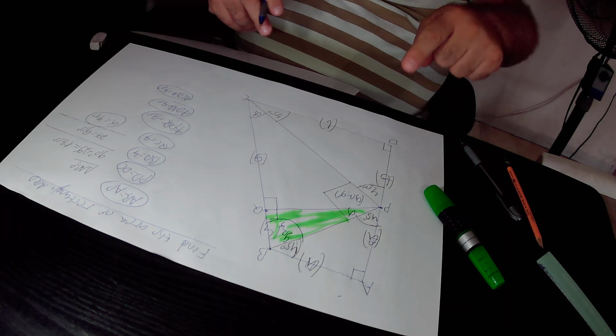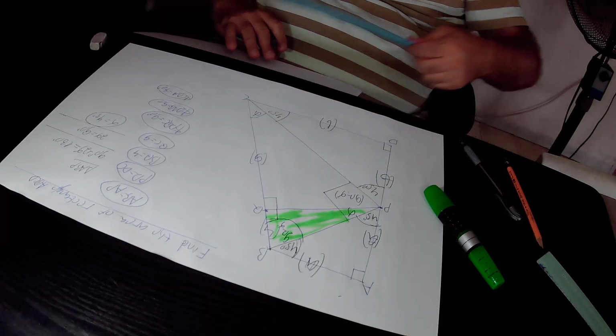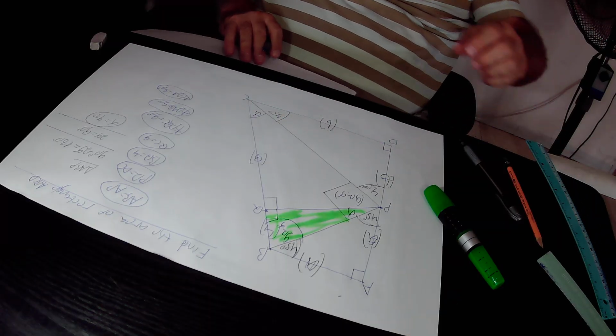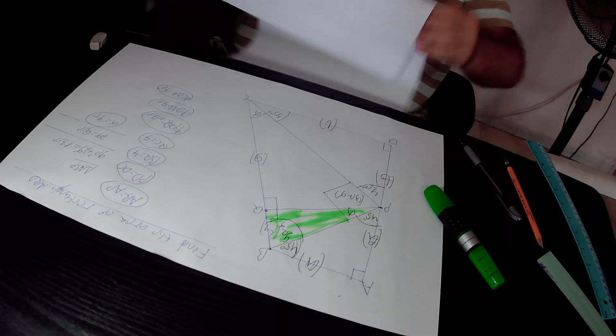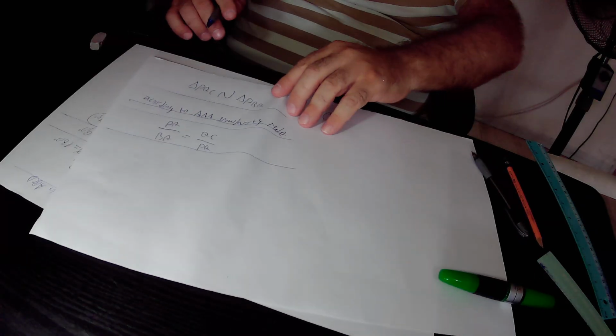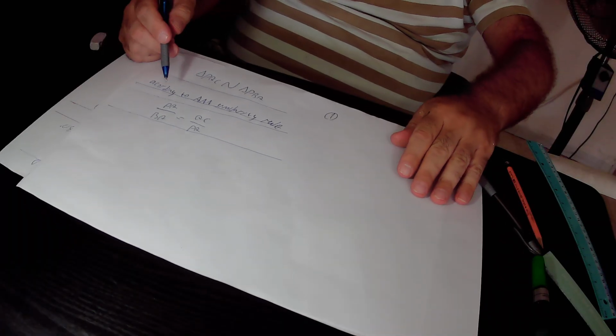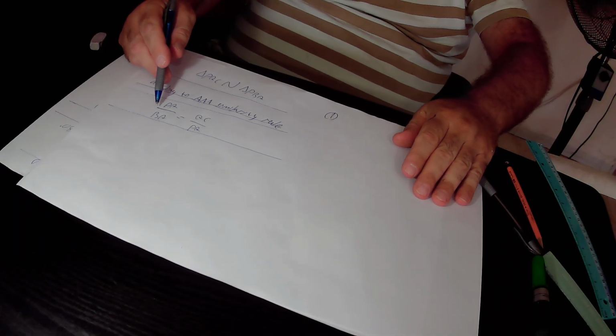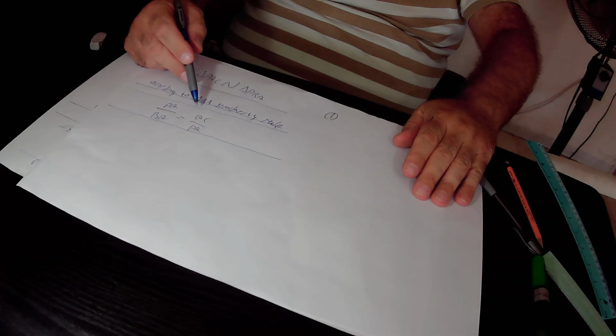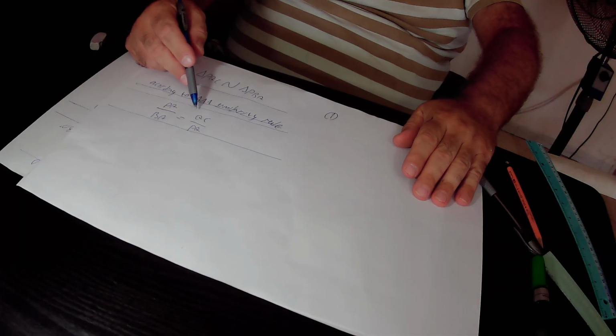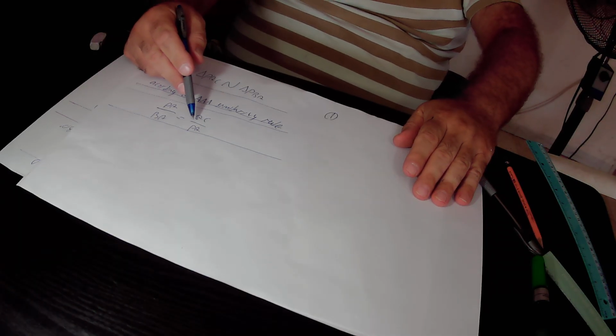So I repeat again, we will derive that side PQ of the big right triangle PQC over side BQ of the small right triangle PBQ is equal to side QC of the big right triangle PQC over side PQ of the small right triangle PBQ.